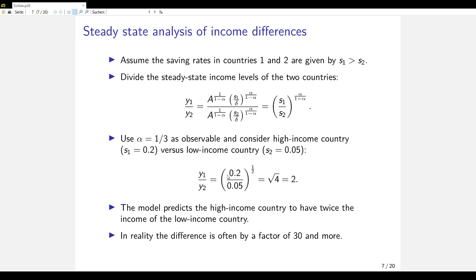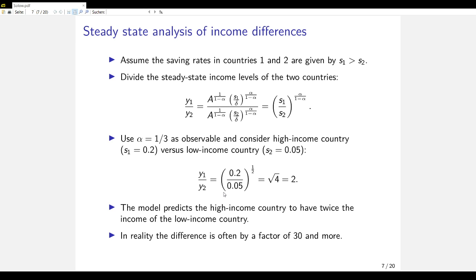We plug in the saving rate of the high-income country in the numerator, the saving rate of the low-income country in the denominator, and that's 0.2 divided by 0.05. So that, of course, is 4 within parentheses. Now, to the power of 1/2, that's the same as the square root. So we have the square root of 4, and that is equal to 2.